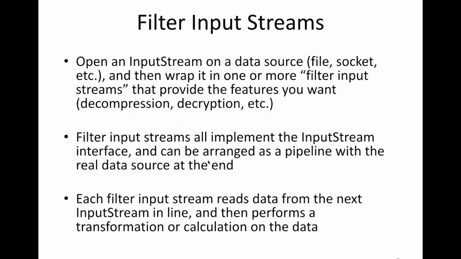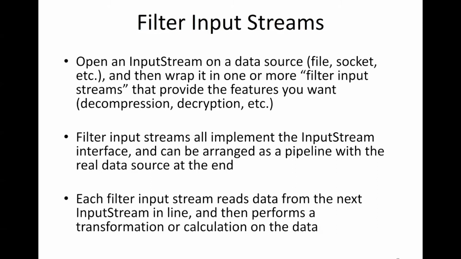Okay, so this kind of says what I just said. You open an input stream on some data source, for example, a file or a socket. Then you wrap that in one or more filter input streams that provide the features that you want. So that could decompress your data and then decrypt it, for example, as you read it in. So maybe you have an encrypted compressed file. And so you could attach a file input stream to it, attach an unzip input stream to that, and then attach a decrypt input stream to that.